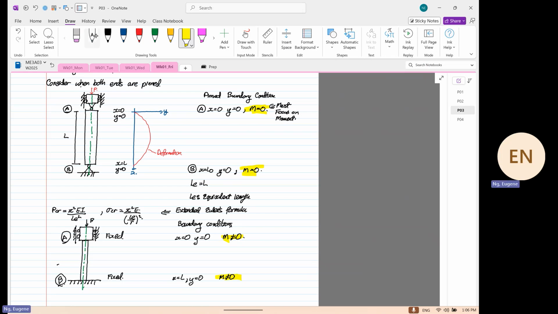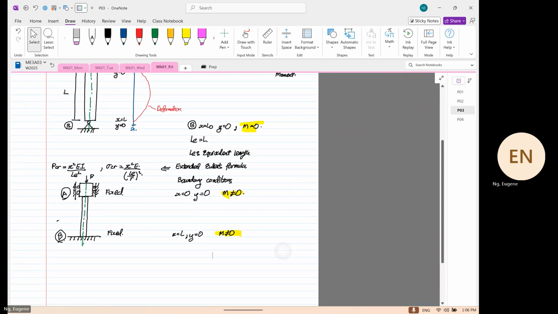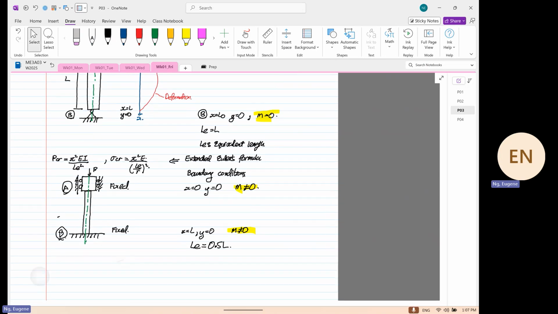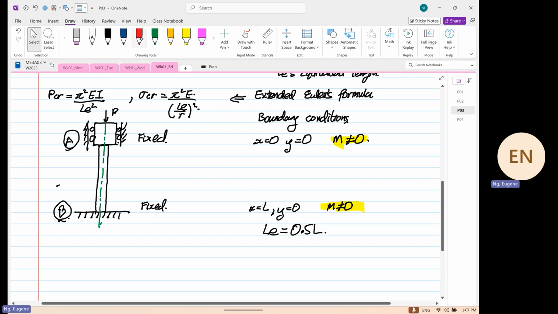And for this case, LE is equal to 0.5 L. So the deformation is important, to see the deformation pattern. So the deformation pattern now looks like this.